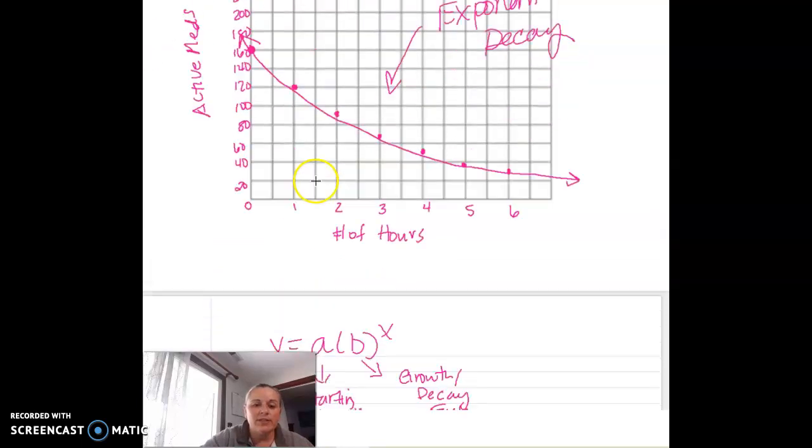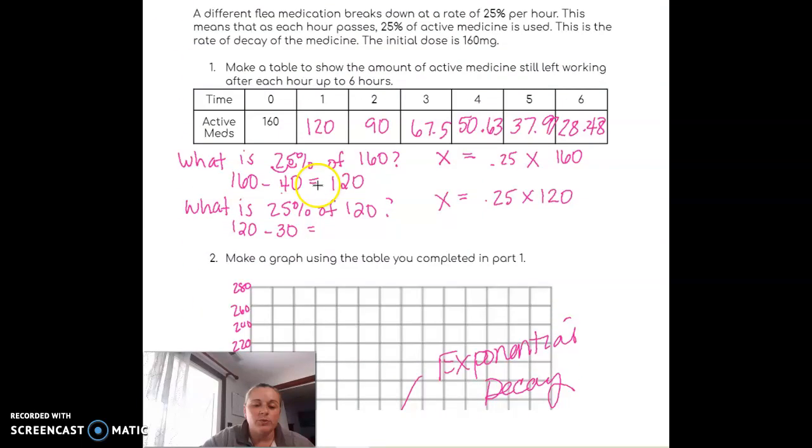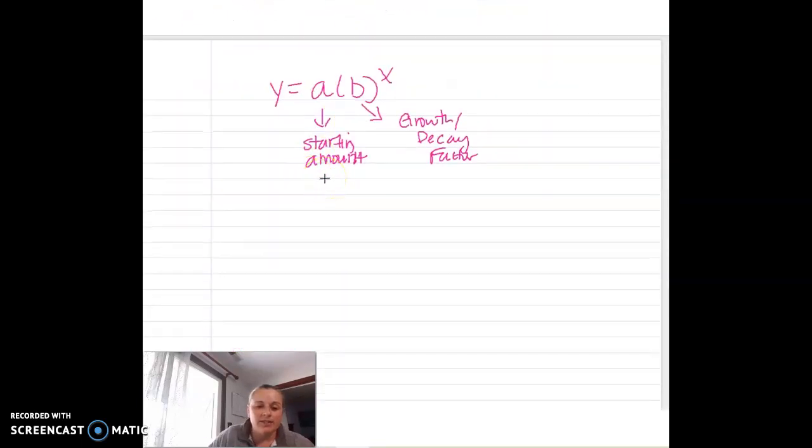So we look at our numbers in the table, we have 120 divided by 160. So 120 divided by 160 gives me, let's check that, gives me 0.75, which is not the 25% that they gave us. So our decay factor in this case is 0.75, not 0.25, which is a little bit different.